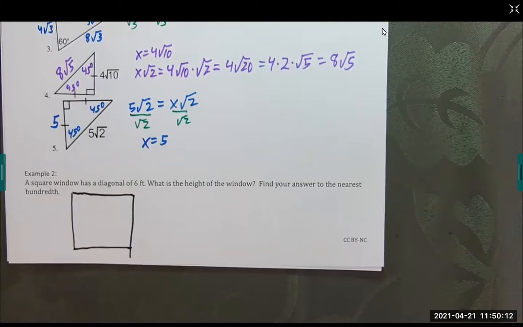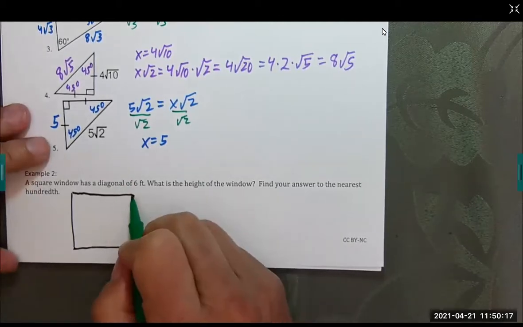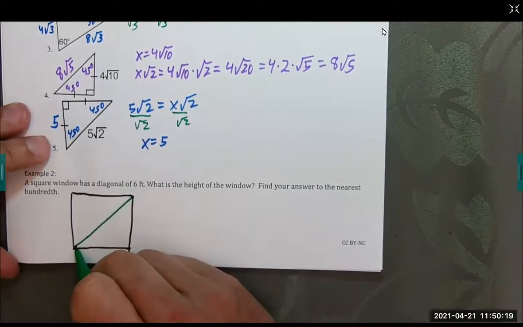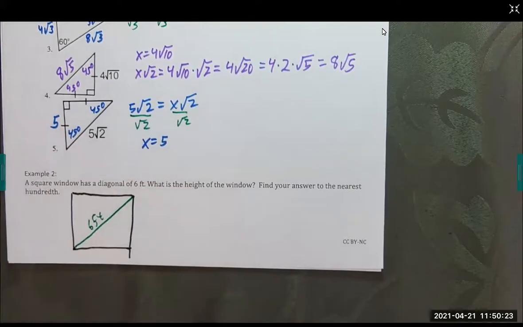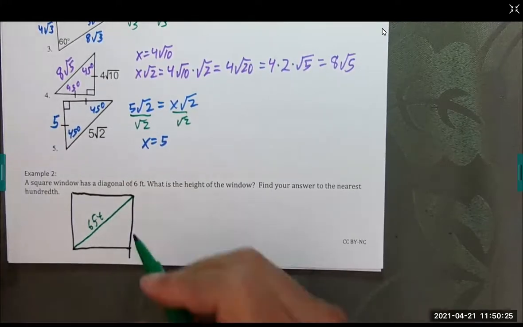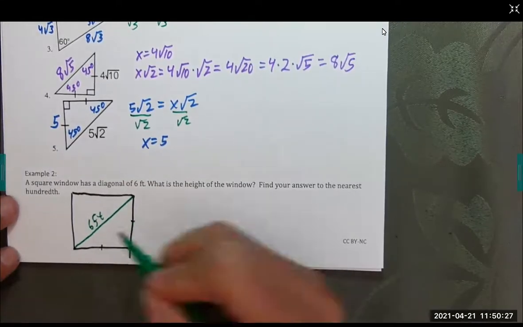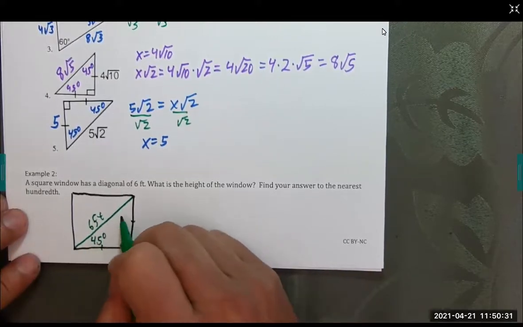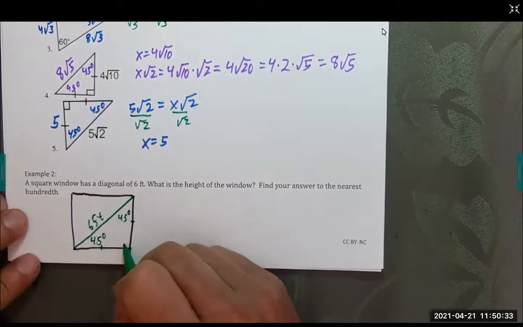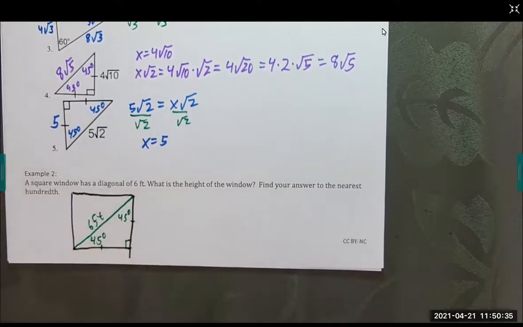We have a diagonal of 6 feet. Now, I want to make it clear that because it's a square, these two sides are the same, which means we now have a 45-45-90 degree triangle.